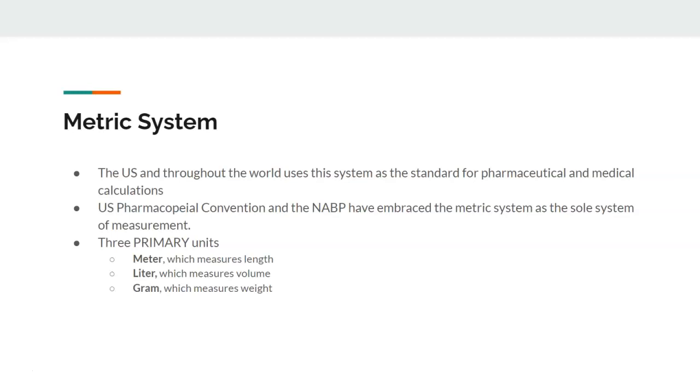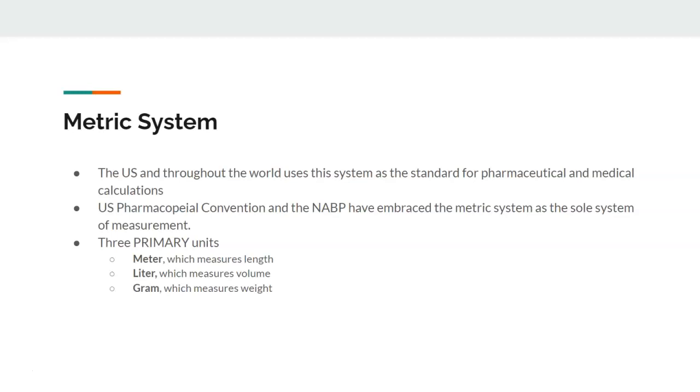So I'm going to spend the majority of my time talking about the metric system, and then after this instruction video, I'm going to do a little bit of math and show you how to convert within the metric system, and then from the metric system into the other two systems that I'm going to talk about today.